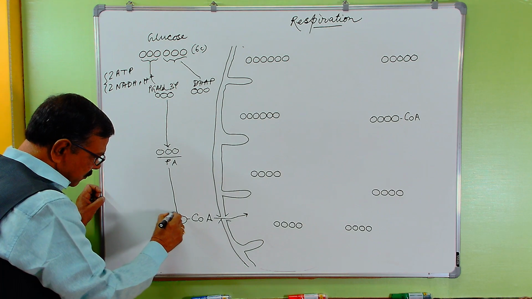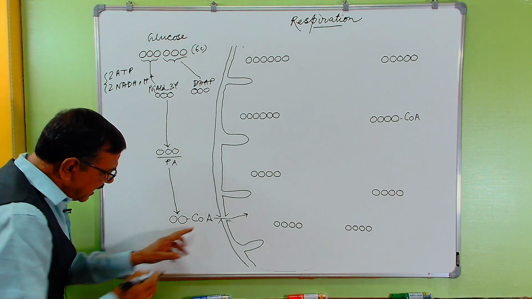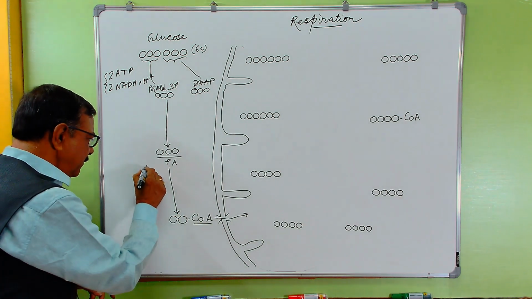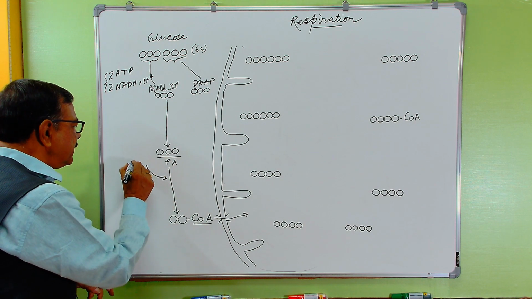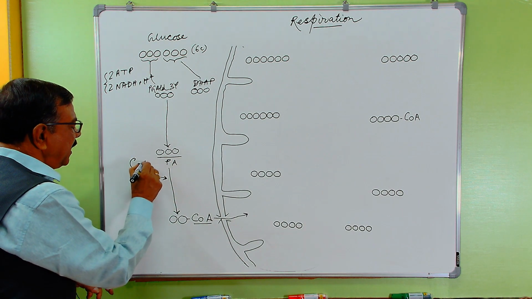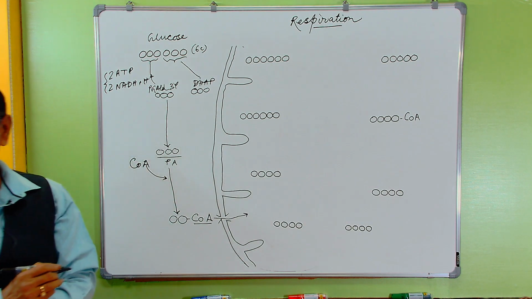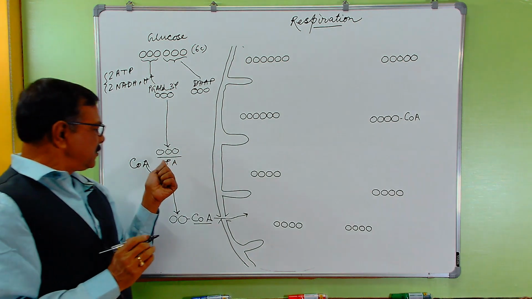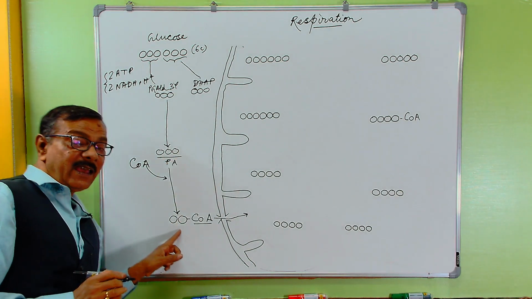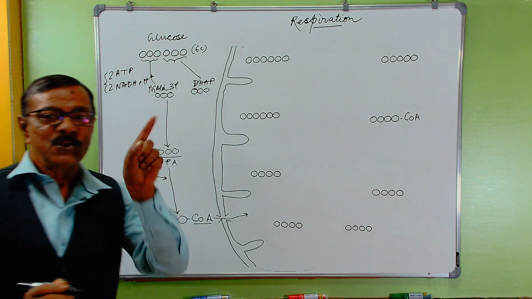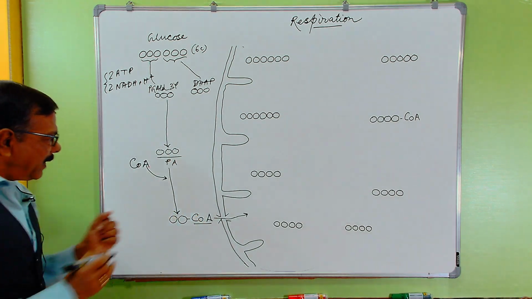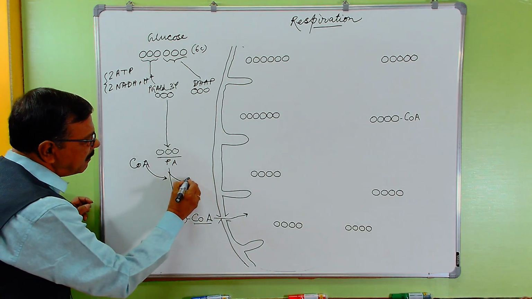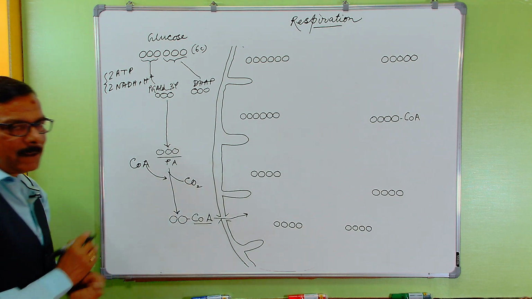Now what do we have to do? We have to insert this. So there is an insertion of CoA, coenzyme. You see there are 3 carbons and here it is 2 carbons. So 1 carbon must go, in the form of CO2.